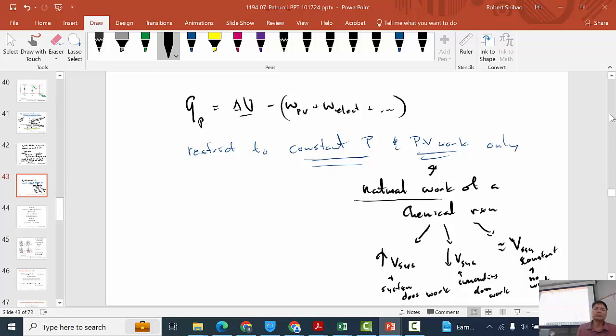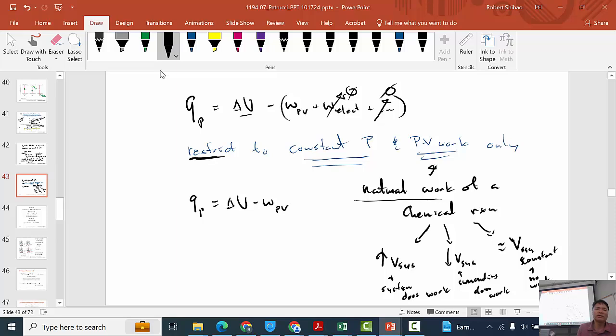So what we're going to do is restrict it to constant pressure and PV work only. And so what that's going to look like is QP is equal to delta U minus the work, PV. And all these other works we're just going to call zero. Now, of course, we can do electrical work and whatnot, but here we need to restrict it.